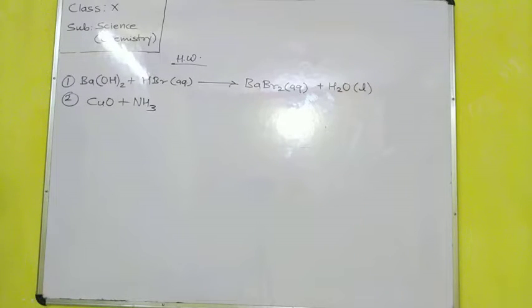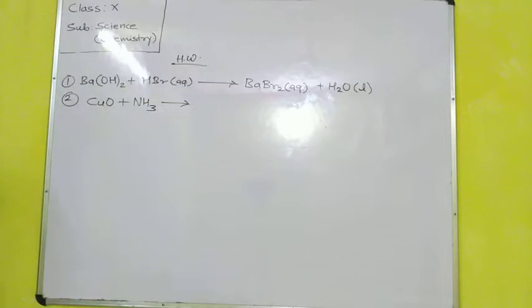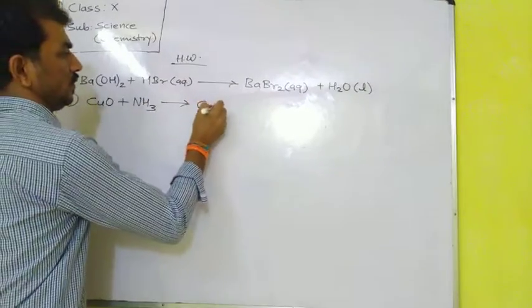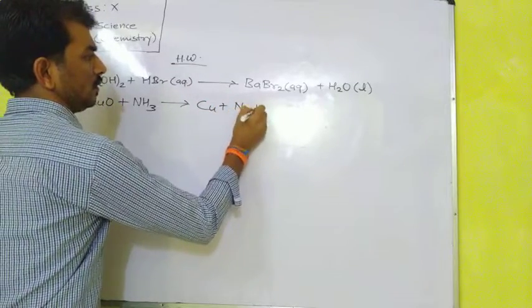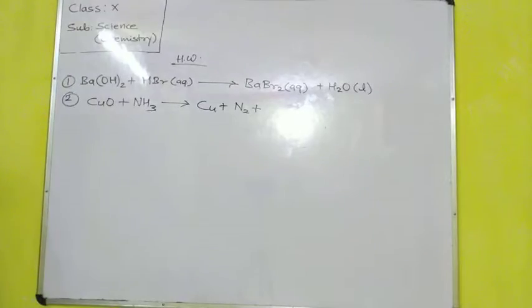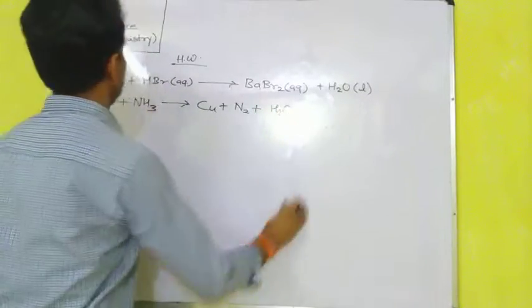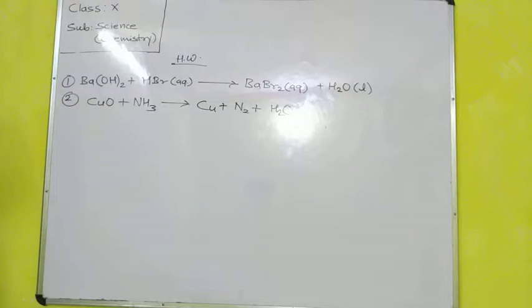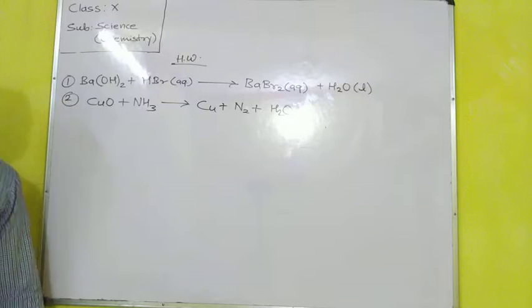Cupric oxide plus NH3 is equal to Cu plus N2 plus H2O. You have to balance both of these equations. Okay, and some more equations from the NCERT book you have to practice. And if you are unable to balance them, then you can ask me.